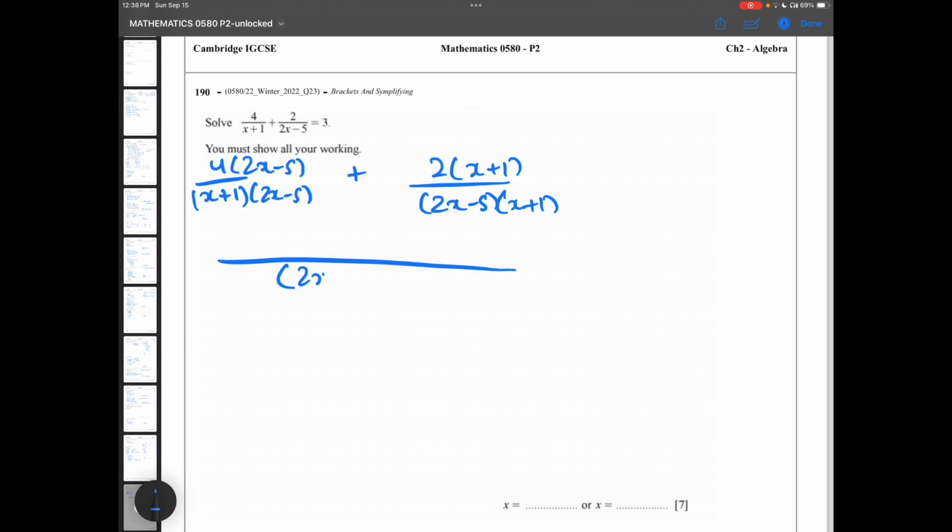Now I'll make the denominator common. Okay, so 4 into 2x minus 5 is 8x minus 20, plus 2 into x is 2x, 2 into 1 is 2.